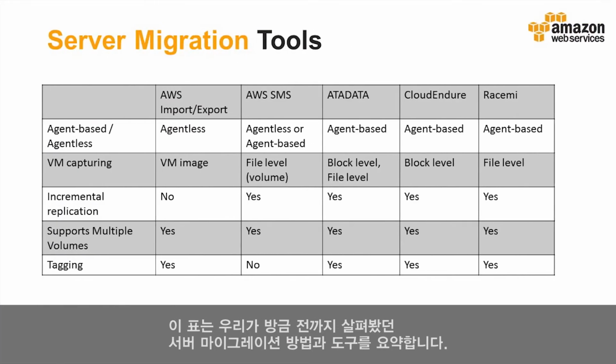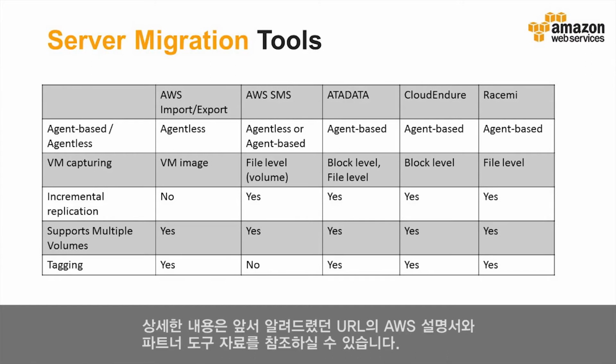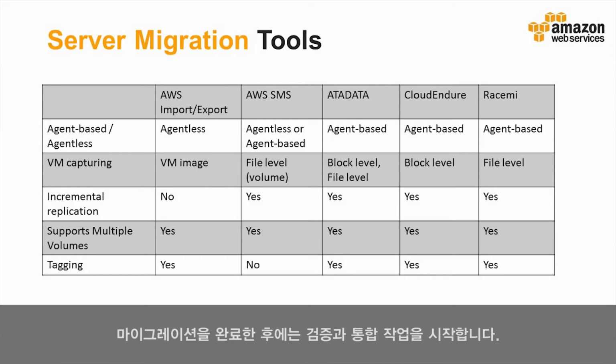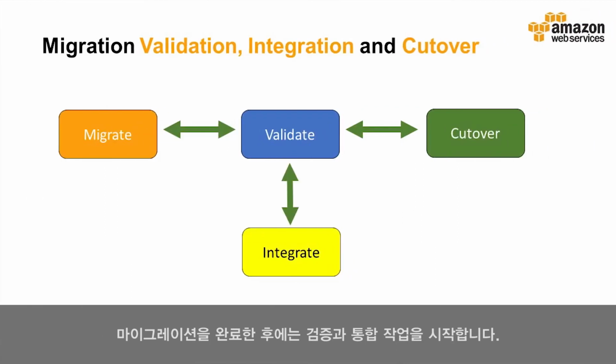This table summarizes the server migration methods and tools we just went through. For details, the audience can refer to AWS documentation and vendor tool materials with the URLs provided earlier. After we have done the migration, we then go into validation and integration tasks. The validation is all about functional tests and performance tests.